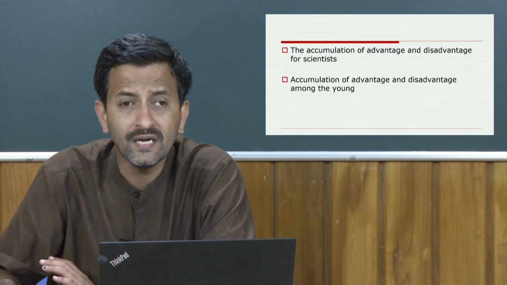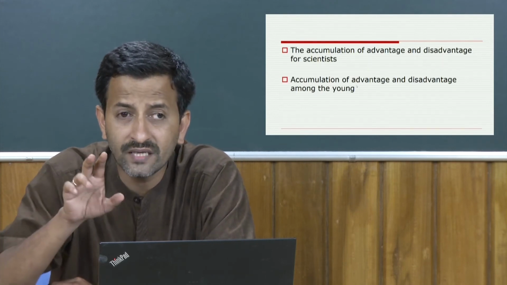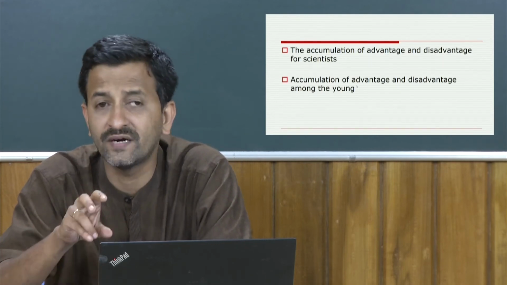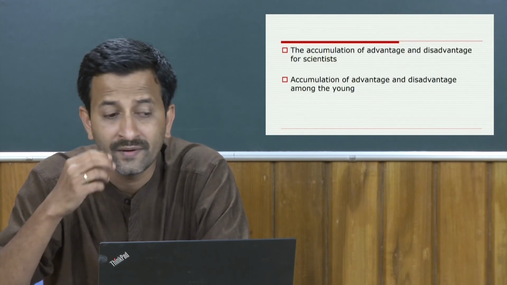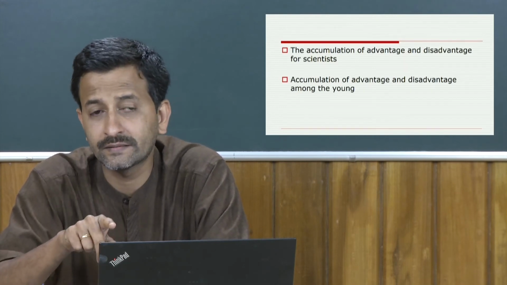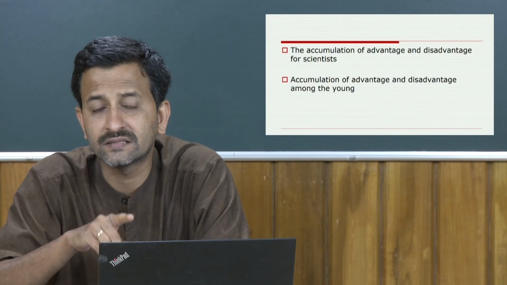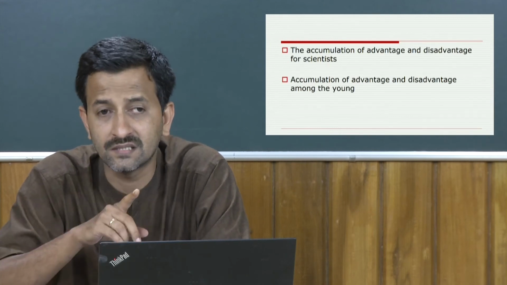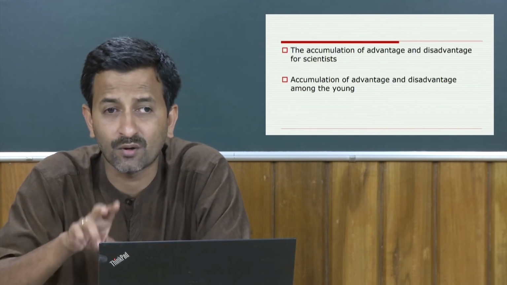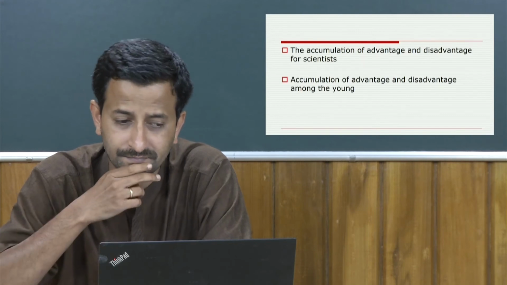Then we will discuss accumulation of advantage and disadvantage among the young scientists, among the junior scientists, among the graduate students, among the PhD research scholars. Okay. It is very important to understand this.